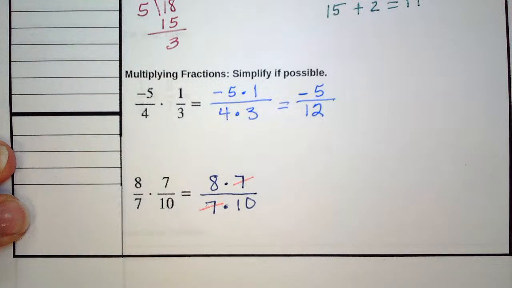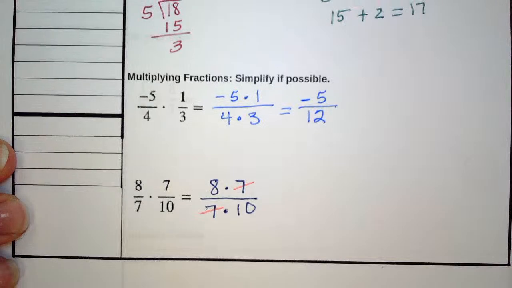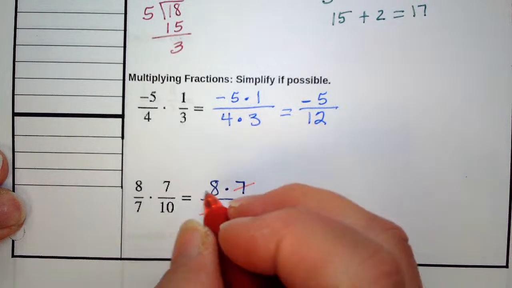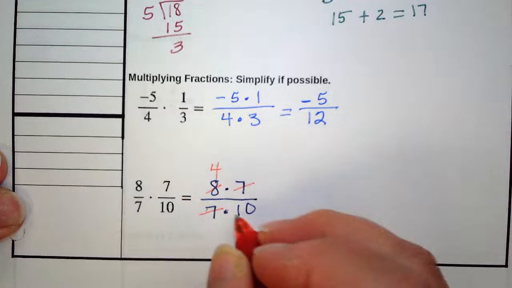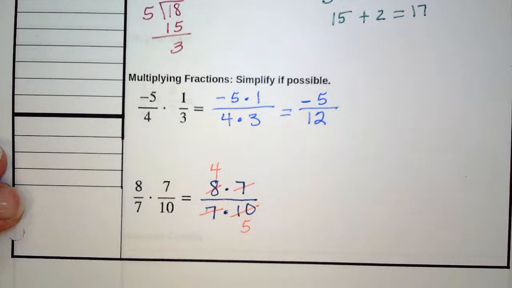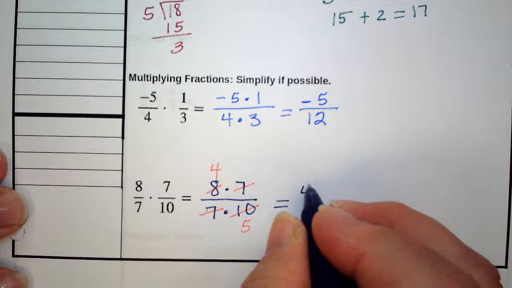What about for 8 and 10? Well, they do have a common factor. 8 does not divide evenly into 10, but they've got that common factor of 2. So 8 divided by 2 is 4. 10 divided by 2 is 5. And you end up with 4/5.